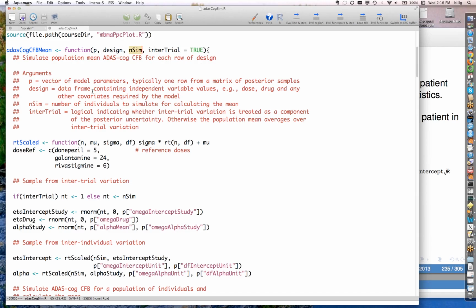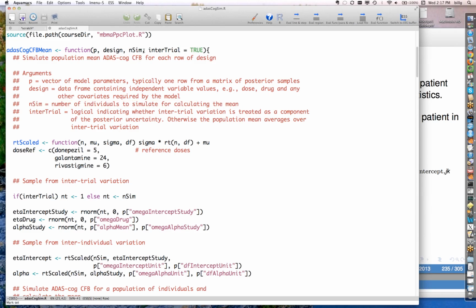NSIM is, you can see here, the number of individual patients that we'll generate for calculating our mean. So the idea is you want that to be relatively large so that it won't result in very much sampling variability in the mean. So we're generally talking thousands here, depending on how variable the data is.